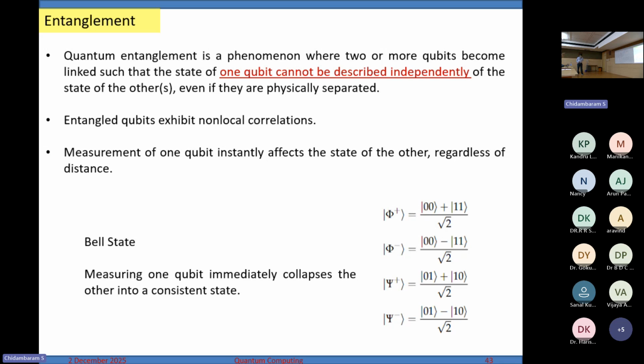1 by. Here, alpha will be good. One or one. One state is 1 by. It's a maximally entanglement.